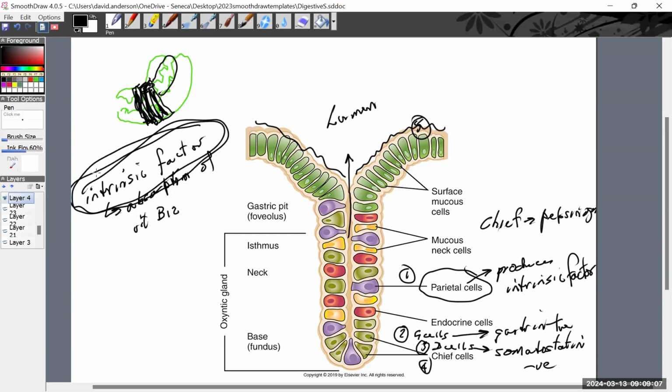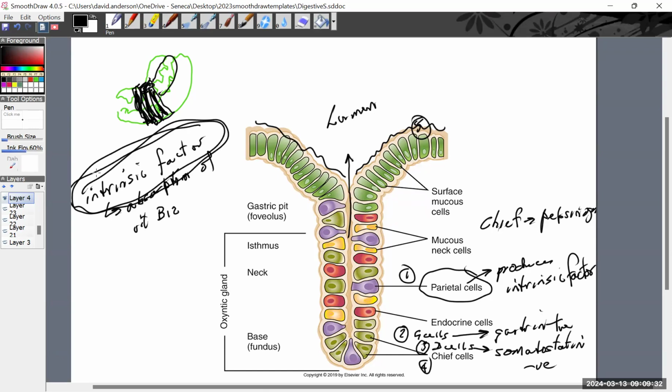And so a side effect of some people who get this surgery is they end up establishing an anemia, a B12 deficiency that causes anemia. So you solved one problem, or attempted to solve one problem. There's lots of issues with that type of surgery, but you've created a new one, right? And that's not uncommon when we try to treat different types of problems in the body.